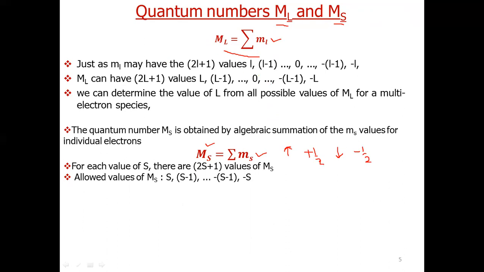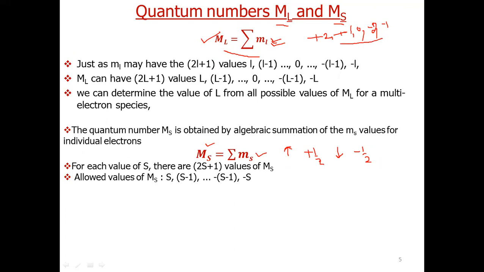Capital ML is calculated from small ml values, and for an electron in a d orbital, small ml can have values plus 2, plus 1, 0, minus 1 and minus 2, depending upon the orbital in which the electron is present. From these values we can calculate capital ML.